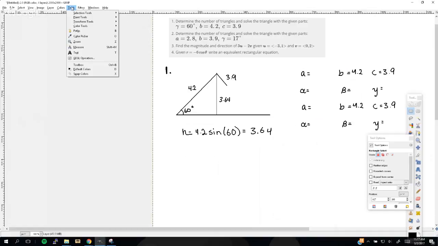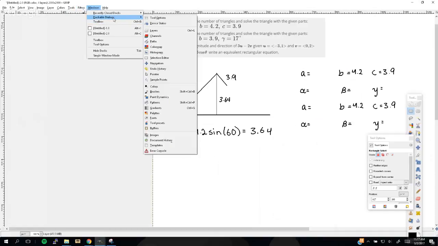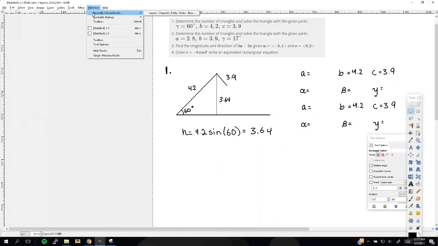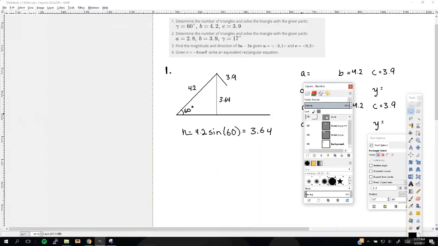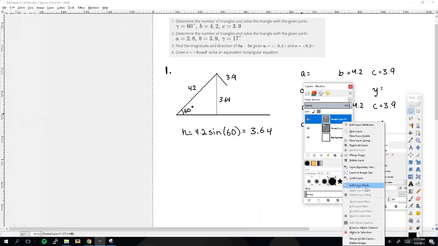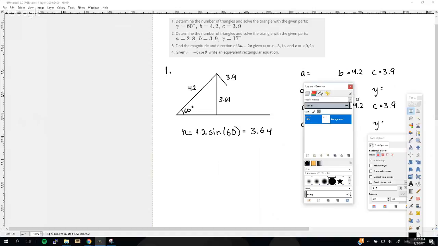Computer science. Okay, I messed up. Oh, there it is. I'm just having fun with my program.